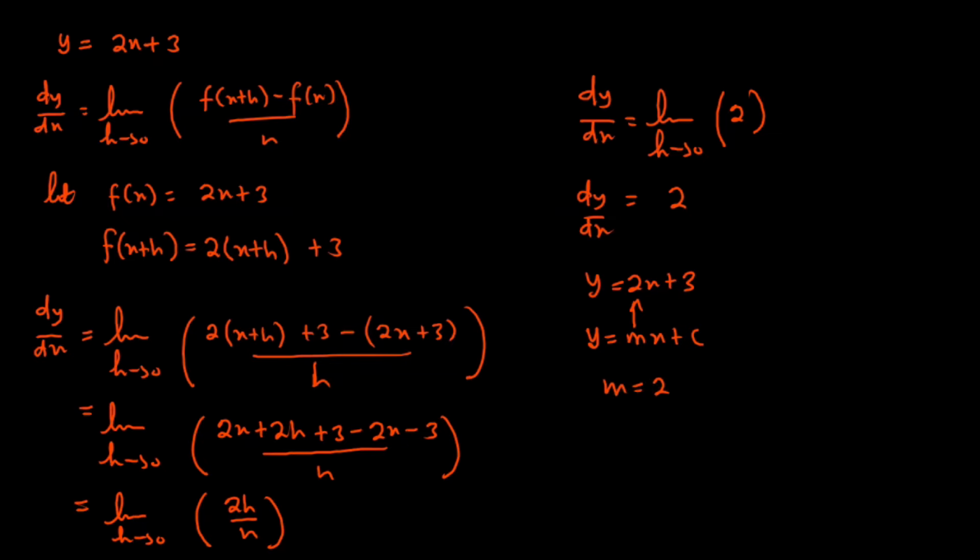Let's take another example. Now, considering another example, we may have, from first principle, determine the gradient of the function f of x equal to x squared. We are to determine the gradient of this function, x squared. Now, if you analyze it carefully, you realize that this function is a quadratic function.